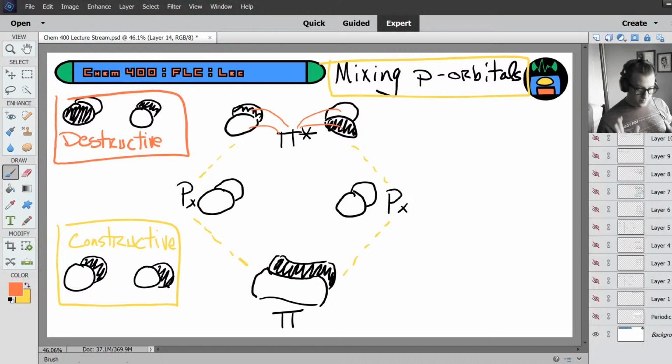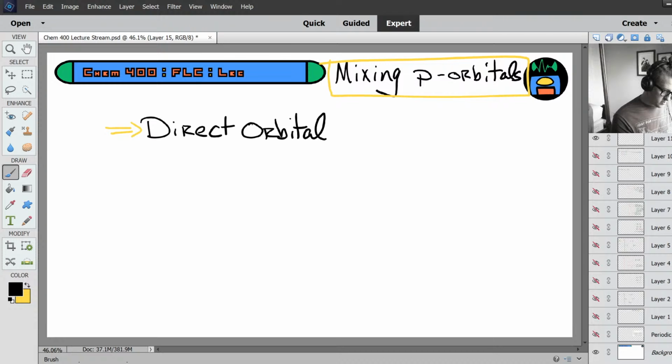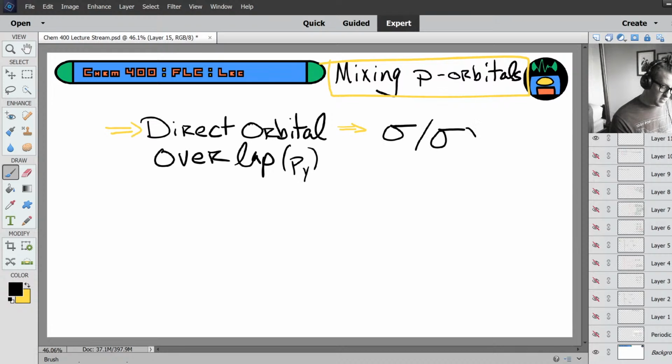All right, so here's the big take home. Direct orbital overlap, which is py, results in the formation of a sigma bonding orbital and a sigma star antibonding orbital.